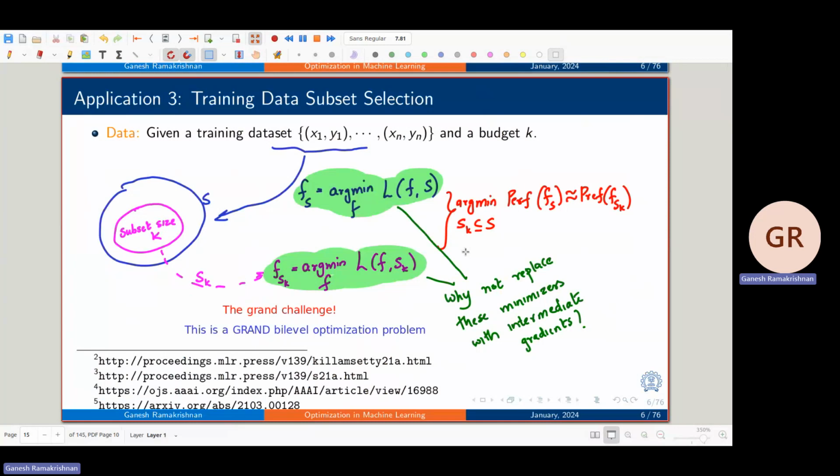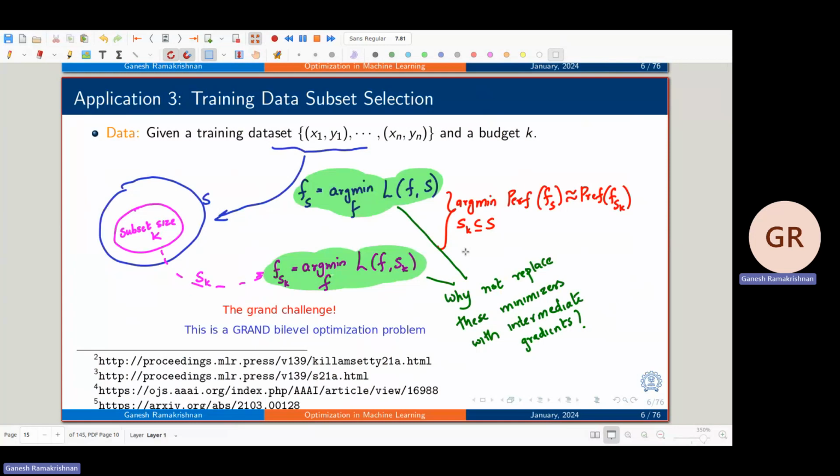Loss on S computed using argmin over theta of the same loss function, L theta on S. So this performance is indirectly requiring you to compute the optimal parameter for S. If not optimal, at least approximately optimal, a good estimate of the optimal parameter with respect to S. So I need to find a theta, then compute on S, and then find the SK which matches S in the sense of performance.